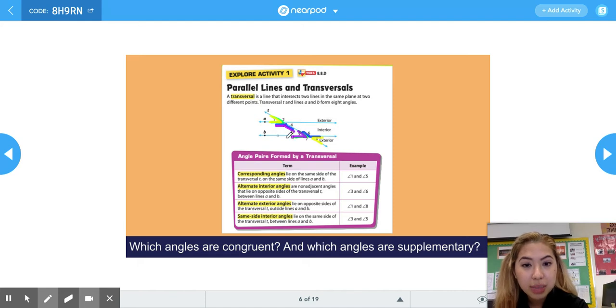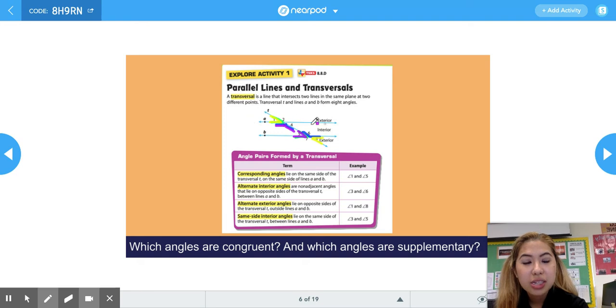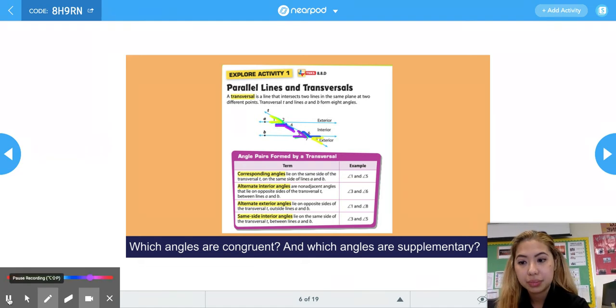They're on the same side, as you can see, on this left side of this transversal line. And they're on the different parallel lines because angle 3 is next to parallel line A and angle 5 is next to parallel line B.